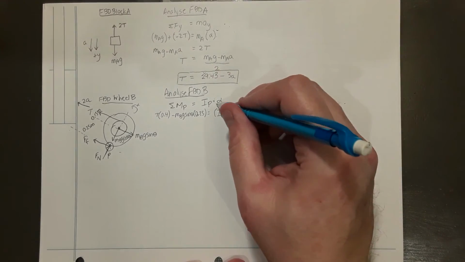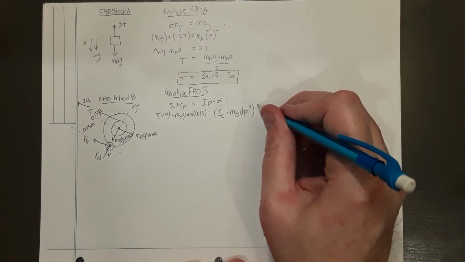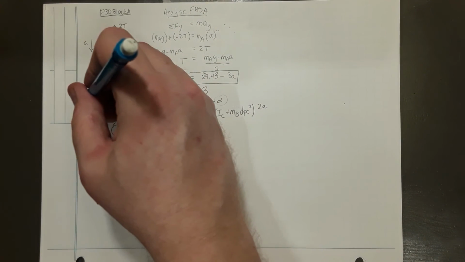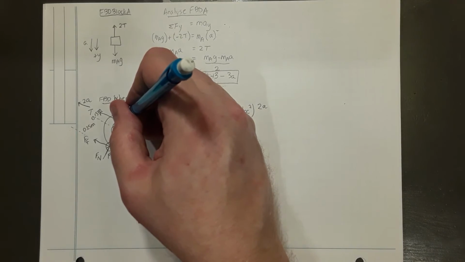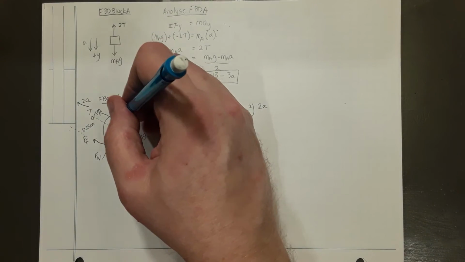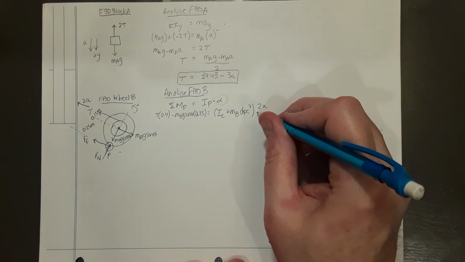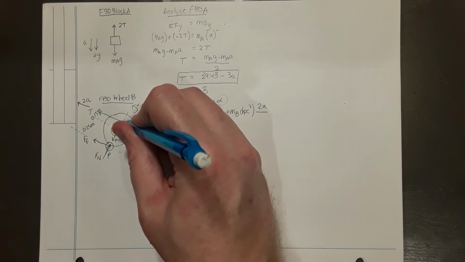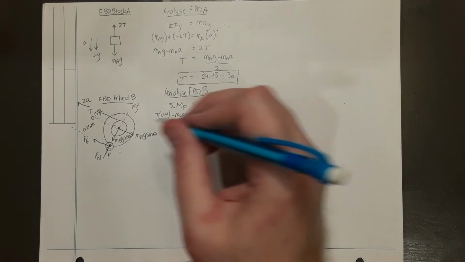And then alpha is the acceleration of any known point on that object. The top of the wheel hub has an acceleration 2a, but the radius to the axis of rotation from that 2a acceleration is 0.4 meters.